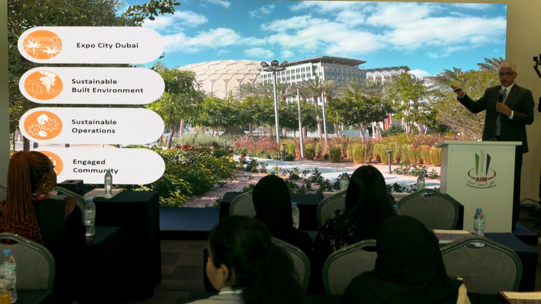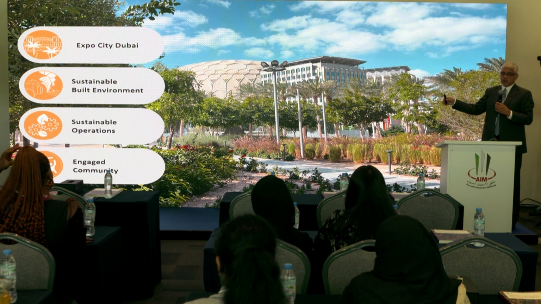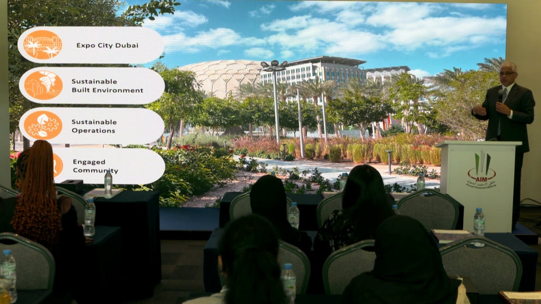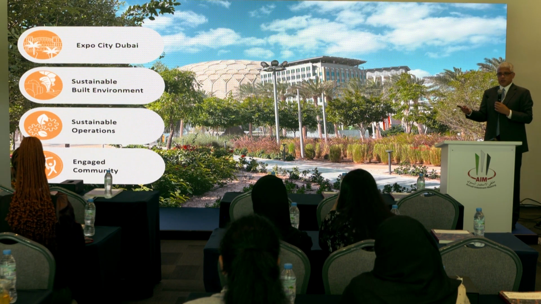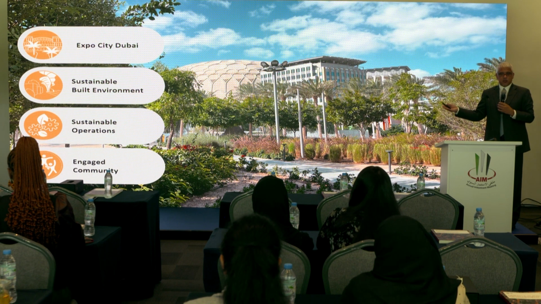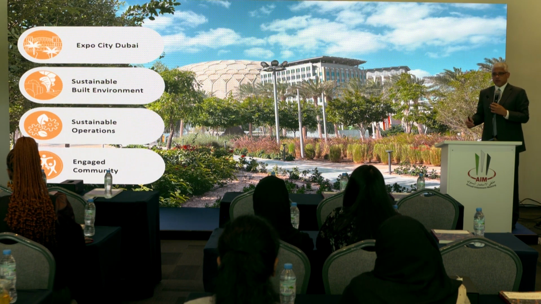Very similar to the layered approach that we talked about earlier, our objectives for the city going forward are a sustainable built environment, which is the first layer, a sustainable operating environment, which is the second layer, and then the engaged community, which is really about the experiential and the programmed environment, and then the virtual environment actually feeds all three. So we're really looking at all 5 of those layers that we talked about earlier to achieve these 3 main objectives for the city.